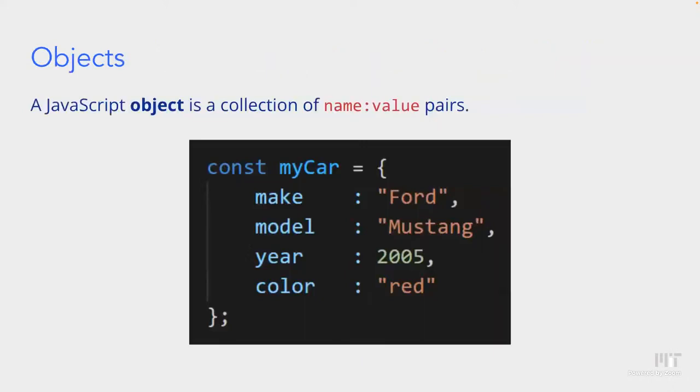So an object is a collection of name to value pairs. Now this looks a lot like perhaps the CSS rule set. It could also look a lot like Python dictionaries. And it actually functions really similar to a Python dictionary. So it has name value pairs. So make is your name, and then its value is 4. So you're basically assigning all of these pairs, and you're saying that the aggregation of that is some object.